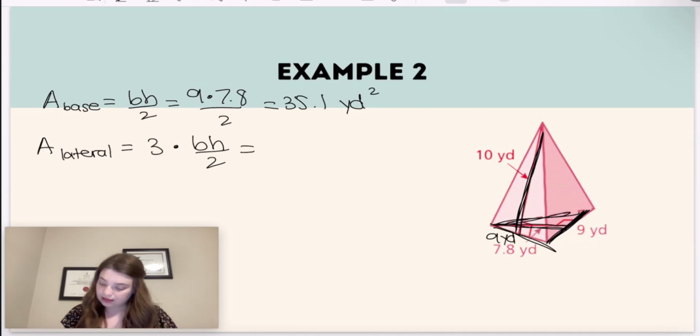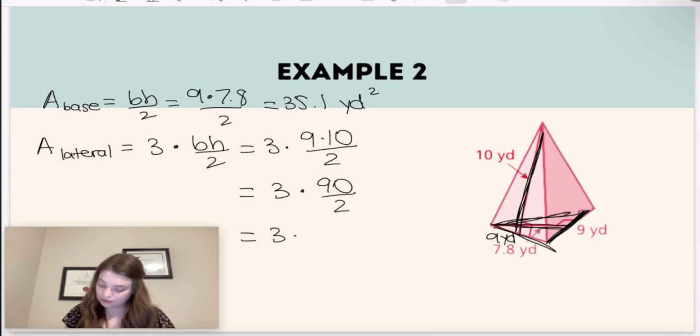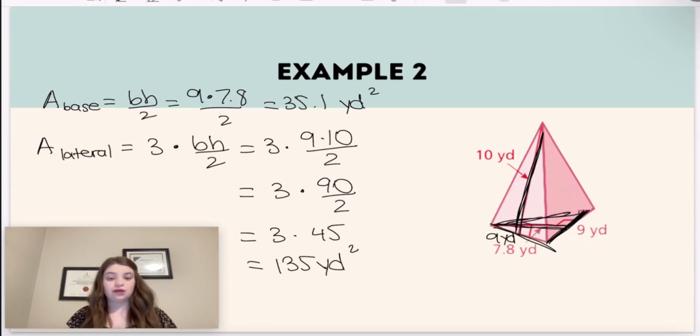So therefore, it's going to be 3 times 9 times 10 divided by 2, which 9 times 10 is 90, so 3 times 90 divided by 2. 90 divided by 2 is 45, so 3 times 45. And then 3 times 45 is 135. So the answer is 135 square yards.